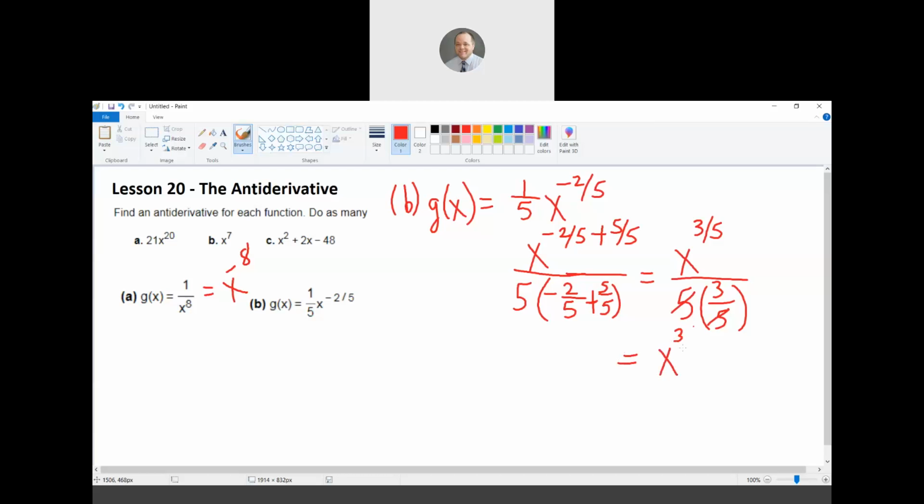And our final antiderivative is x to the 3/5 over 3 plus capital C. That's all you're doing so far when you have to find the antiderivative. You're taking the power rule and performing the operations in reverse.